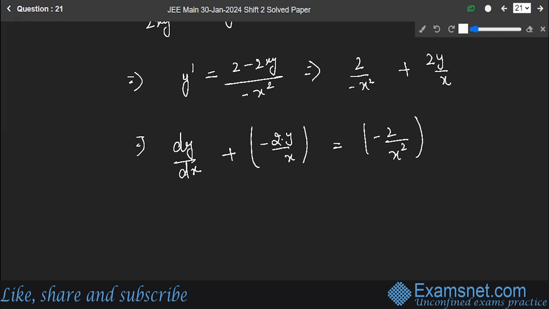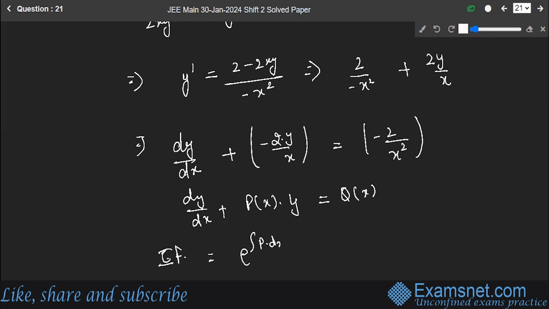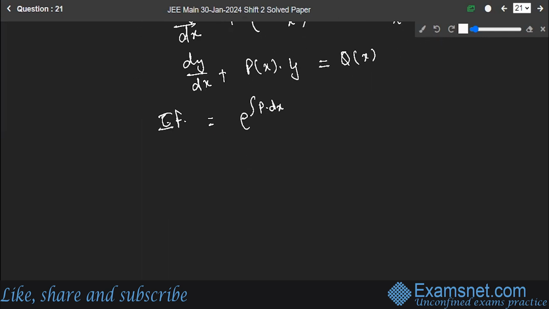this thing, right? Now, see, here you will have an integrating factor because this is of the form dy by dx plus some function p into y is equal to q of x. So integrating factor will be given by e power integral of p dx. Here, what is your p of x?